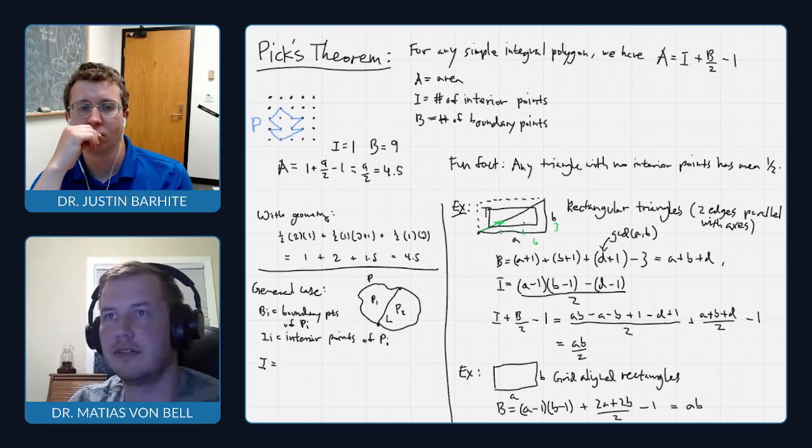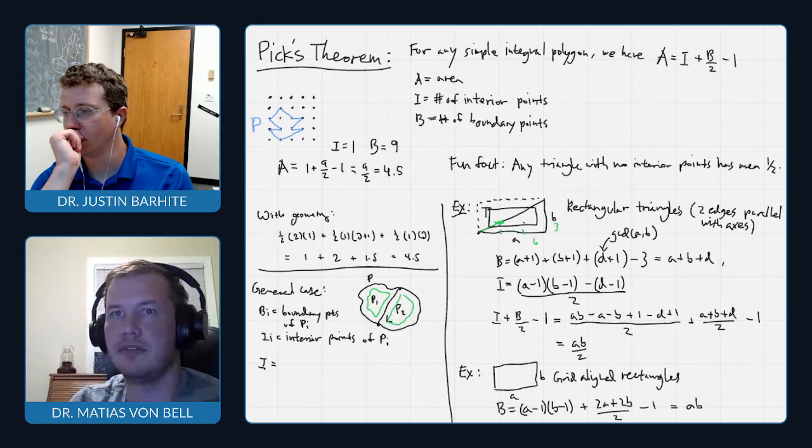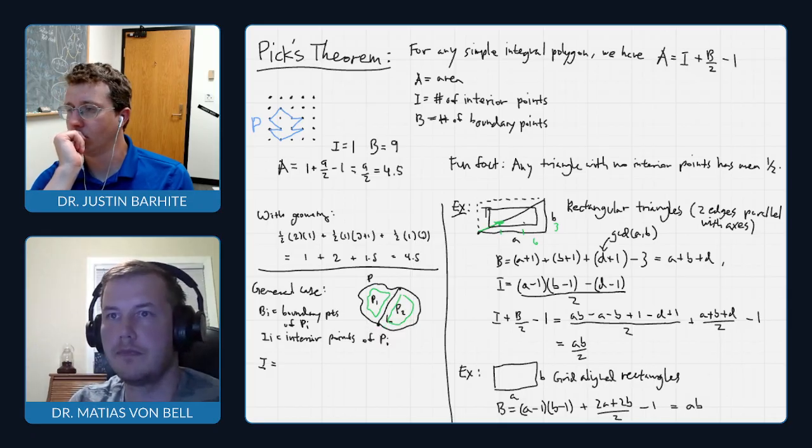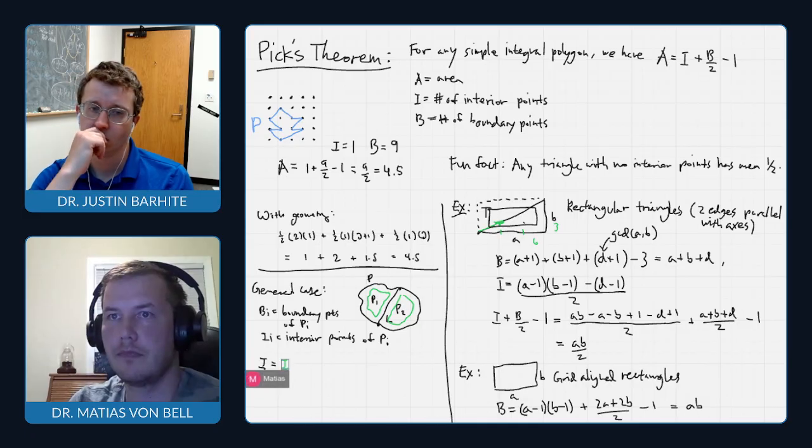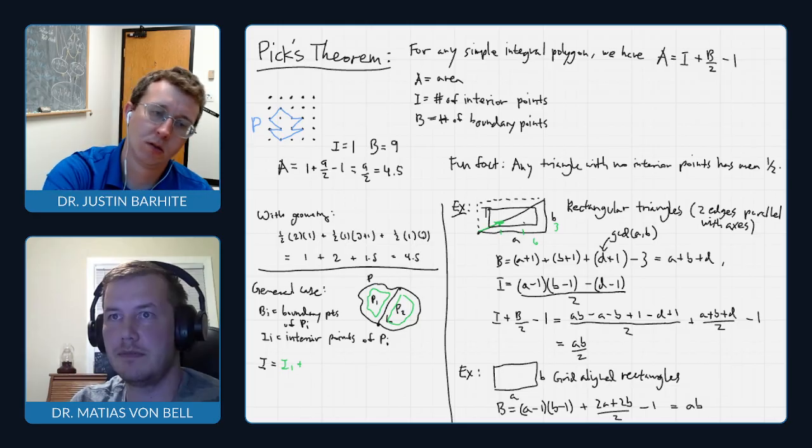We have the interior points of P2. We add them up.